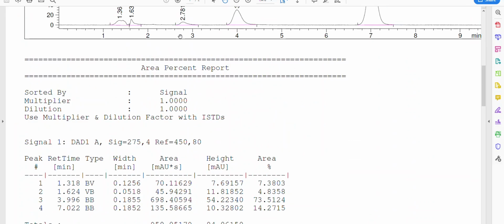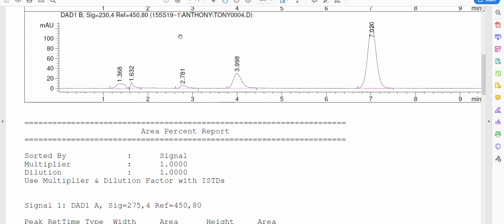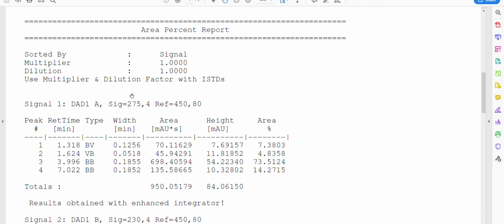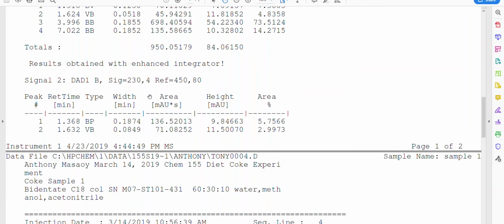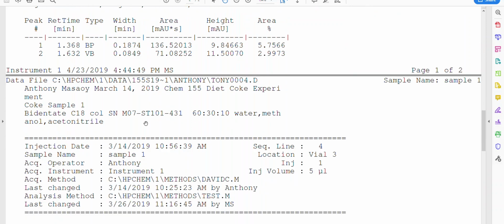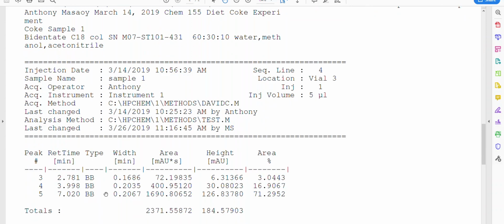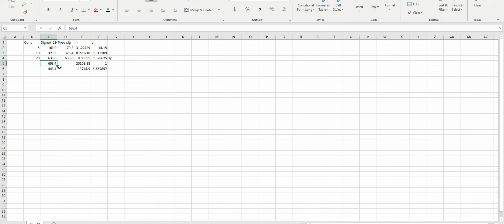Here's Tony 4. Get a little confused here sometimes. So there's 275, and there's 230. And this table is actually split here, 3.998. And the area is 400.1. So it's not 698, it's 400.1 here. Got a red flag there because it came out to be over 20 MAU seconds there.